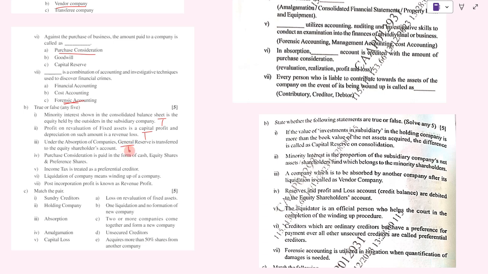True. Purchase consideration is paid in the form of cash, equity shares and preference shares. True. Income tax is treated as preferential creditors. True. Liquidation of company means winding up of the company. True. Post incorporation profit is known as revenue profit. True.